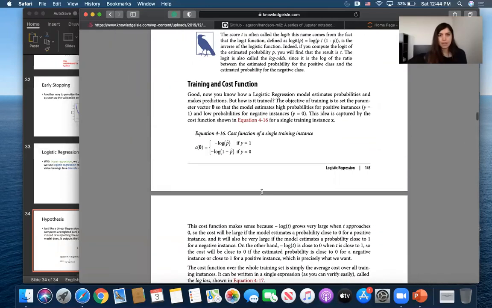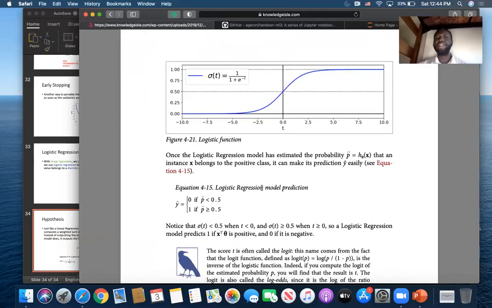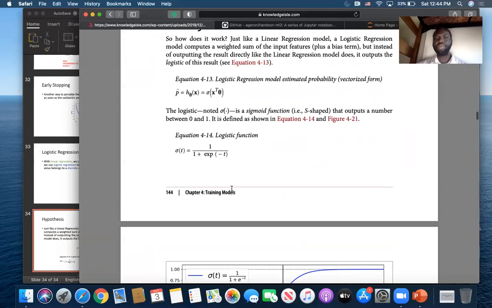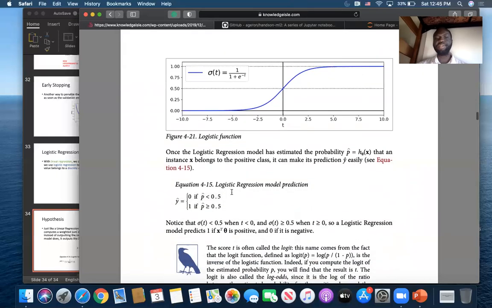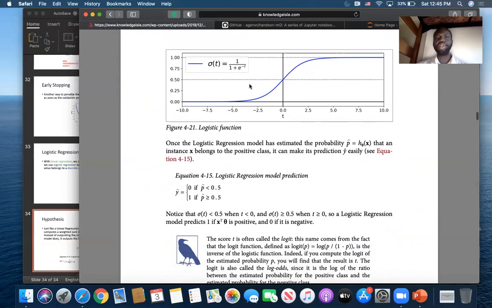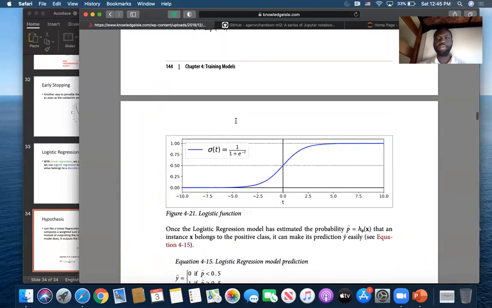Yeah, we're feeding our sigmoid function with our prediction. Exactly. Rather than just outputting a random value like linear regression, in logistic regression, it's between 0 and 1. Why is it between 0 and 1? Because of that last function that we applied here.